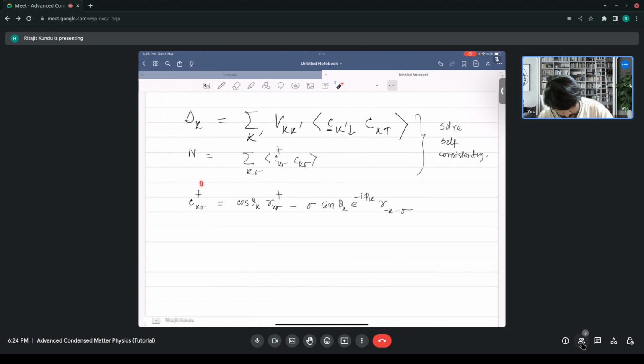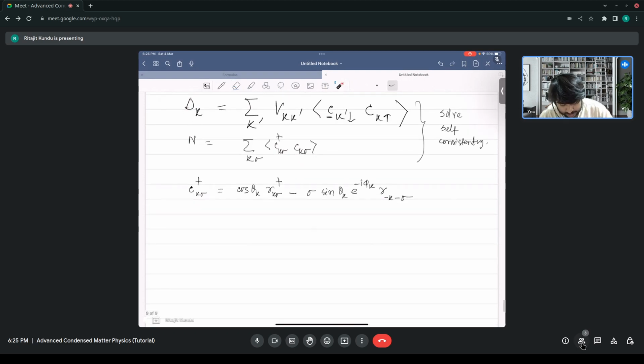So if you think about it, the Ck dagger actually creates one particle with up and sigma, and another particle, another hole with down and sigma bar or minus sigma, let's say, and minus k as well. So this is what this C dagger creates. You can say this is actually a mixture of an electron and a hole, which becomes clear because the Hamiltonian that we started with was a Hamiltonian in particle and hole basis. So that's why we end up with a combination which entails that particle and hole structure.